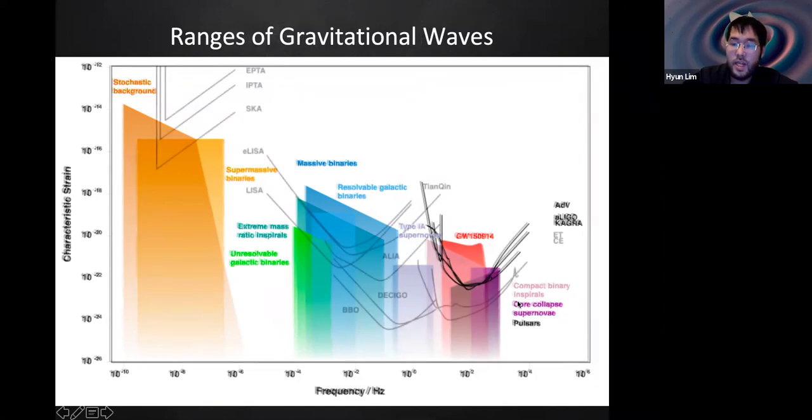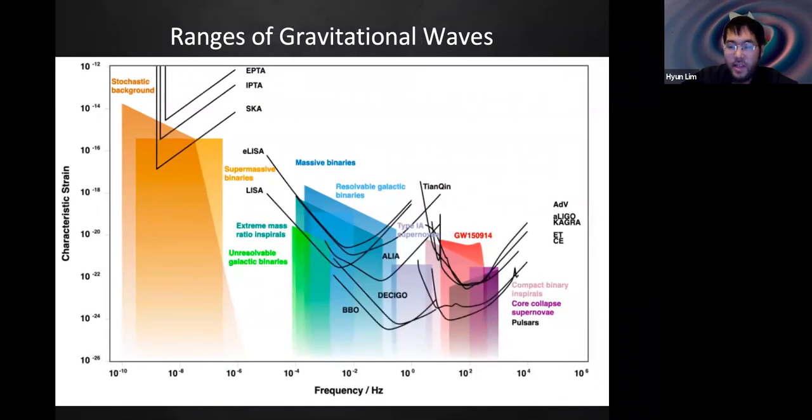But of course, now we want way more than that. So these are some planned ground-based gravitational wave observatories, Cosmic Explorer and the Einstein Telescope, that also aim at this band.